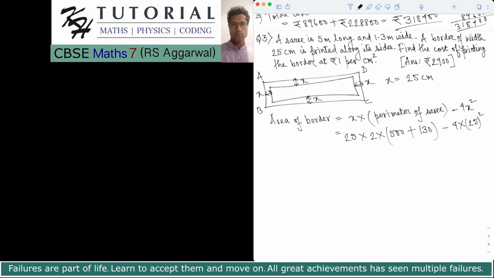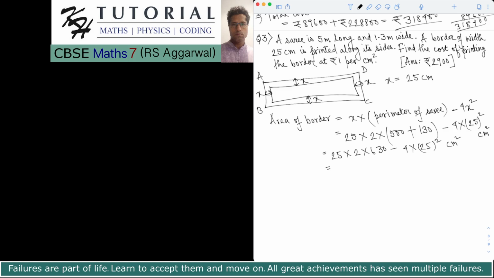So this is the total area of the border that needs to be printed, and this will be in centimeter square. This is equal to 25 multiplied by 2 multiplied by 630, minus 4 multiplied by 25 square centimeter square.